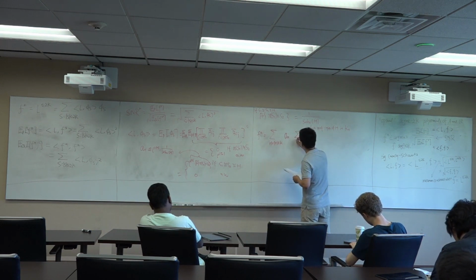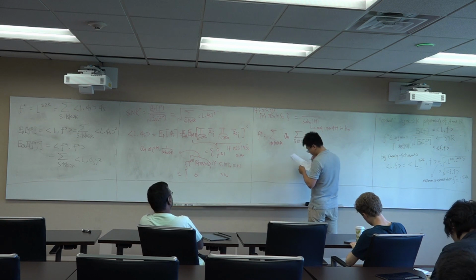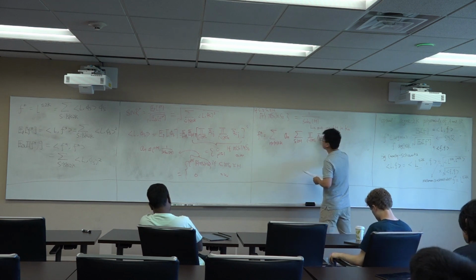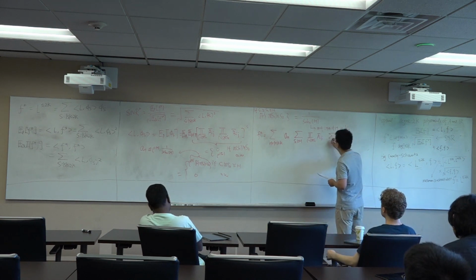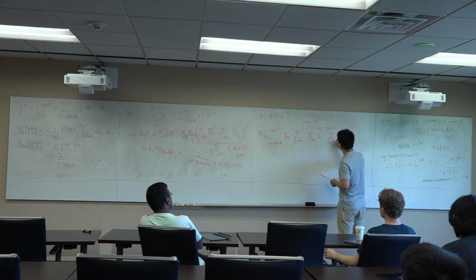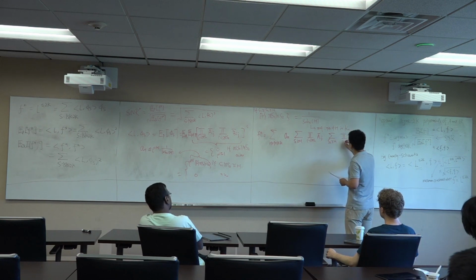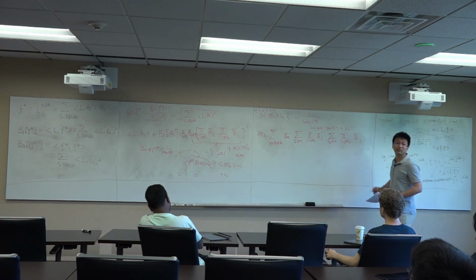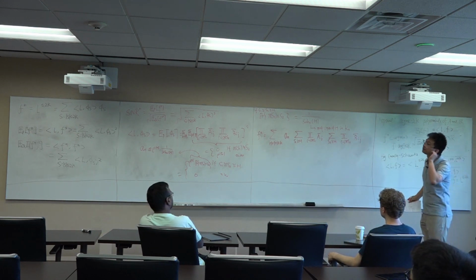I have a sum over S1 isomorphic to H, and then a product over IJ in S1 of A bar IJ, right? And then I have a sum over S2 isomorphic to H, and the product over IJ in S2 of B bar IJ. Right?